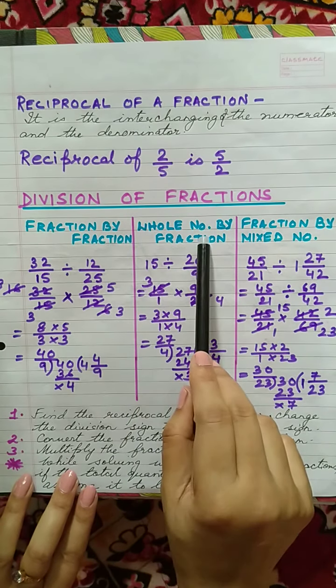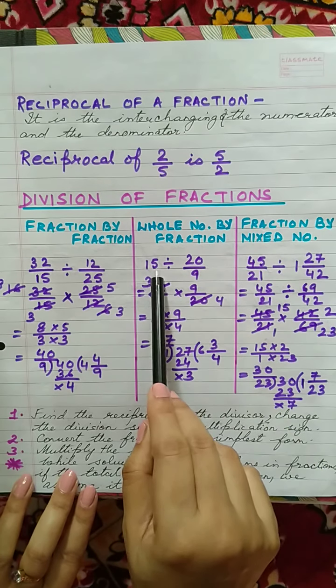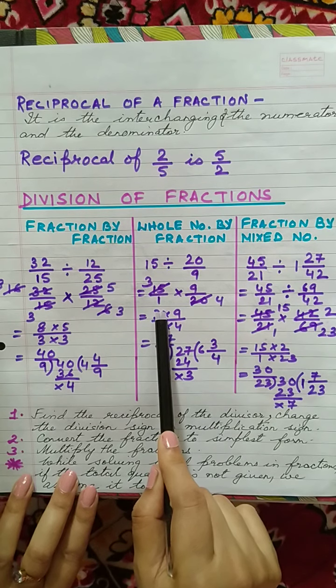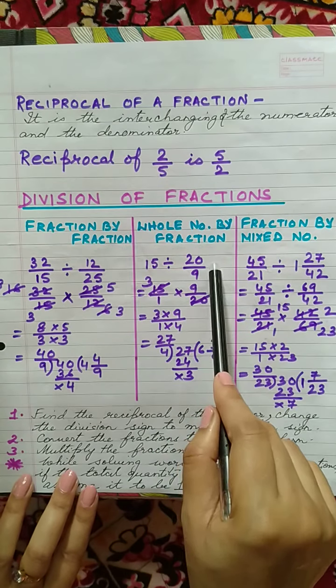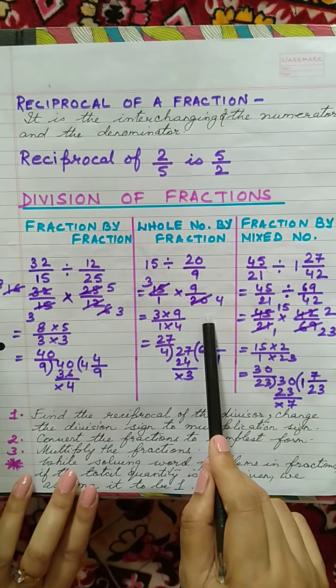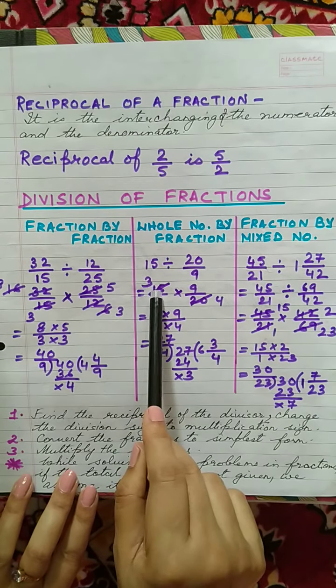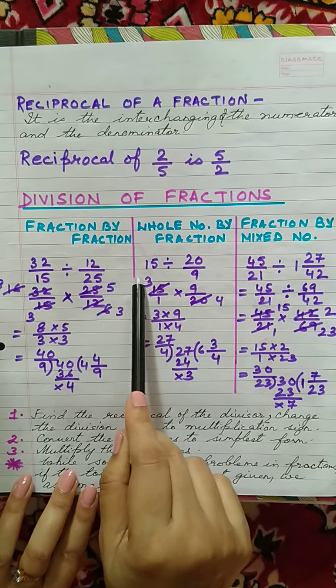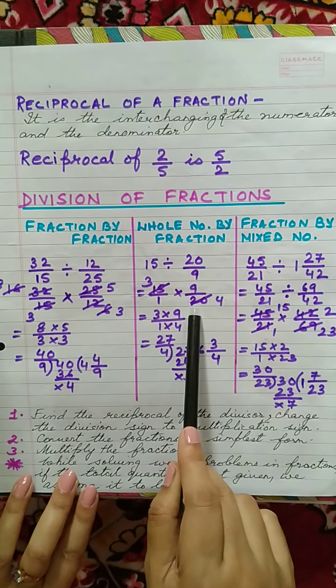Next we have whole number by fraction. To change the whole number to a fraction, we put the denominator as 1. Change the right hand side fraction to its reciprocal, that is 9 by 20. And then cross cancel. 15 and 20 can be cancelled by 5. So 5 3s are 15, 5 4s are 20.